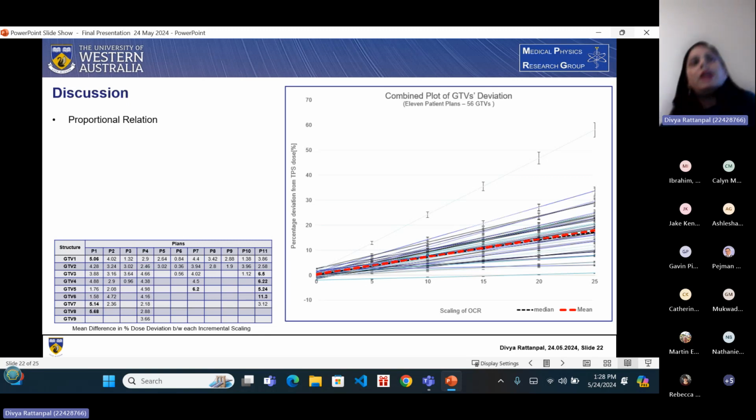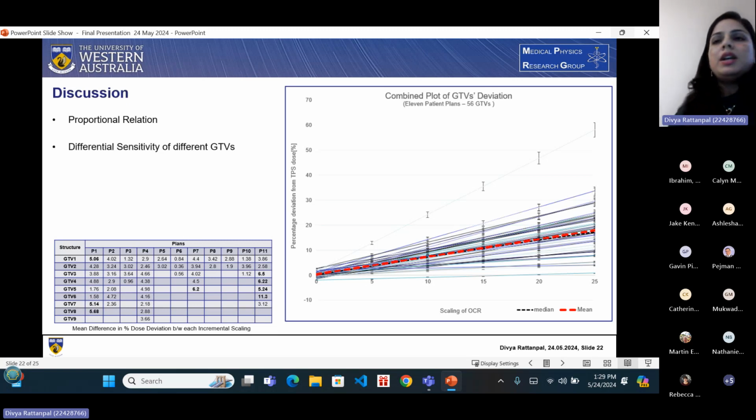After analyzing the 11 patient plans, one thing was noted: a proportional relation was obtained. The deviation of all the GTVs with the scaling of OCR was proportional, increasing with increasing scaling. But another thing was obtained, the differential sensitivity of different GTVs.